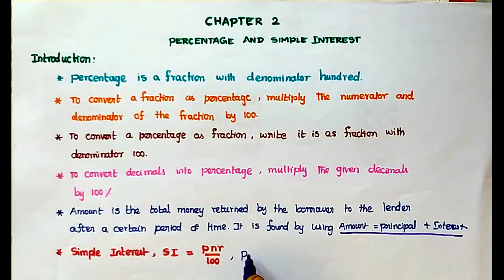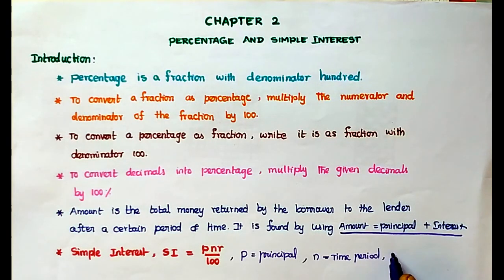Here P is the principal, N is the number of years, the time period, and R is the rate of interest. So that is the formula.